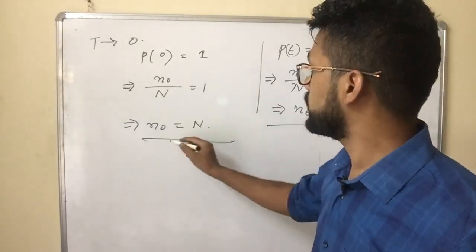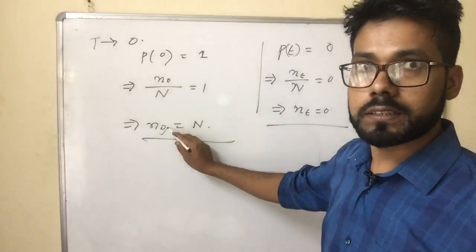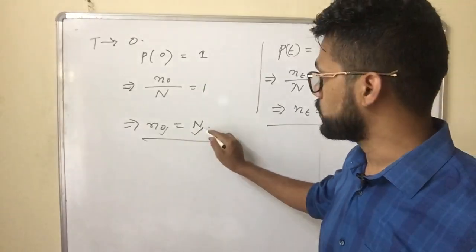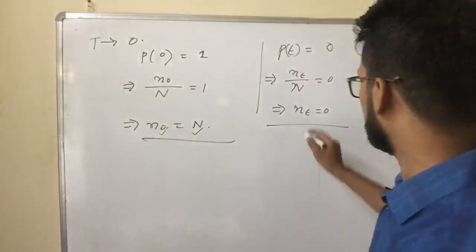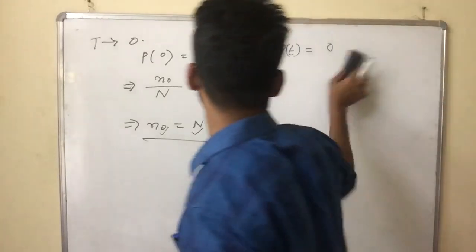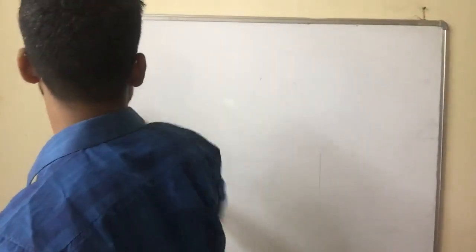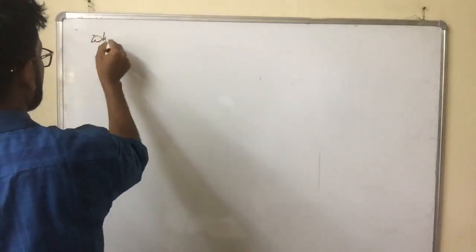As T tends to 0, N0, the number of particles occupying the ground state, equals the total number N. All particles fall in the ground state, so the number of particles in the upper state is 0. This is case one.